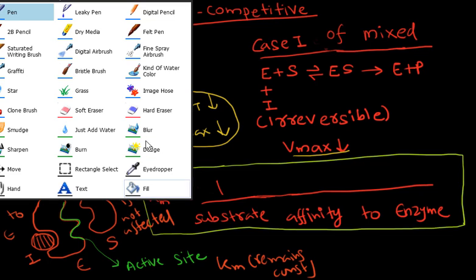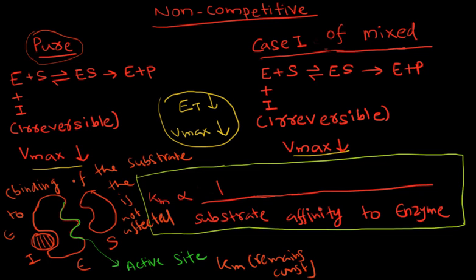I have to erase some portion so that I can write. I will try to write here only. See what is happening. So in case one of mixed non-competitive inhibition, let me draw the enzyme.